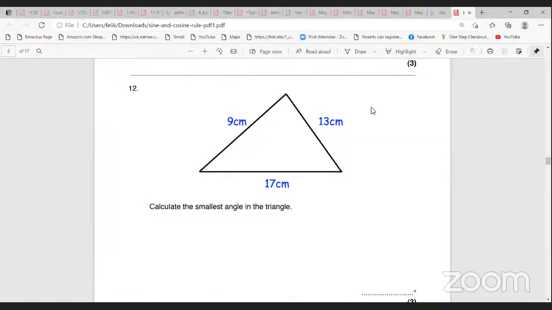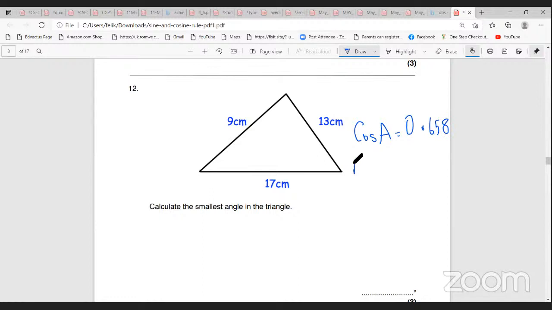So what we had previously, we lost that information that we had on screen. We were at the stage where we had cos A equals 0.658.